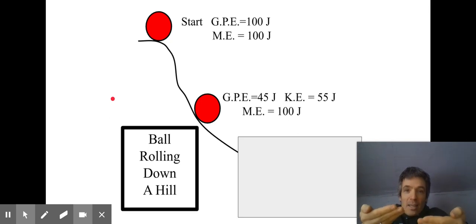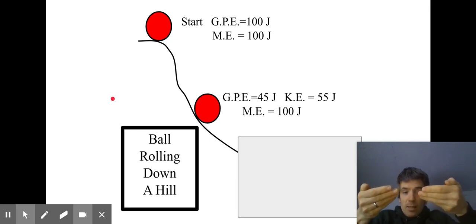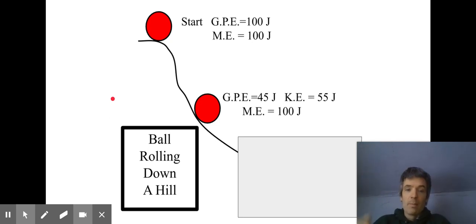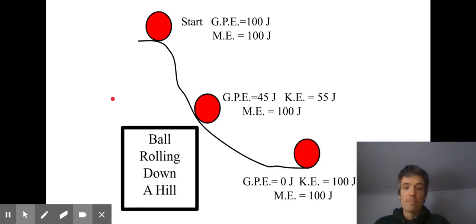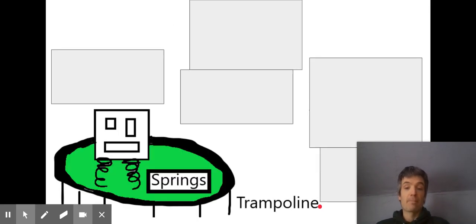You've got gravitational at the start, not a lot of kinetic, and then as it goes down, they go like this. However, the total amount of both of these equals the same amount of mechanical energy. So it starts with 100 joules of mechanical energy up here and ends with 100 joules of mechanical energy. It starts with lots of gravitational and ends with lots of kinetic.